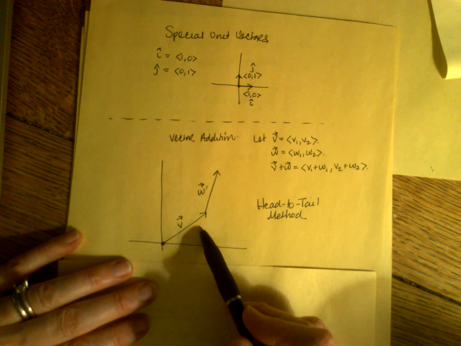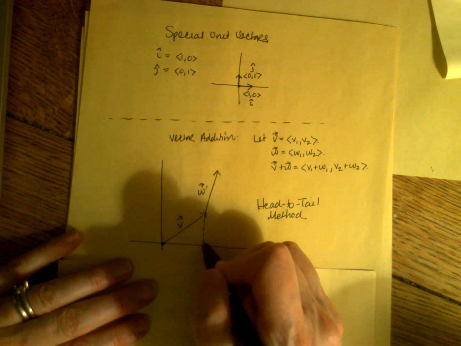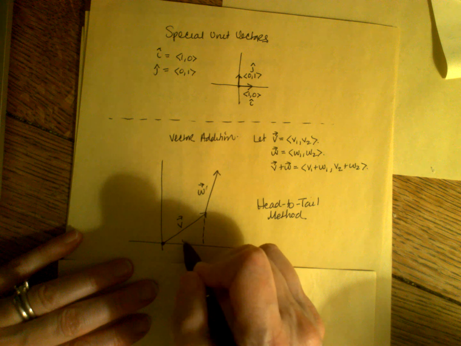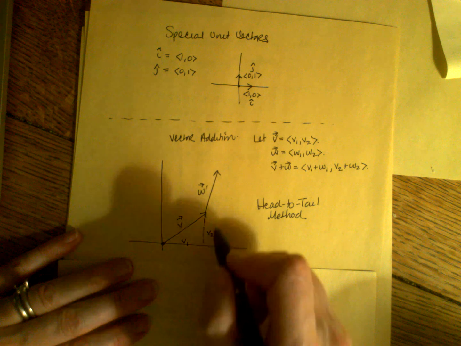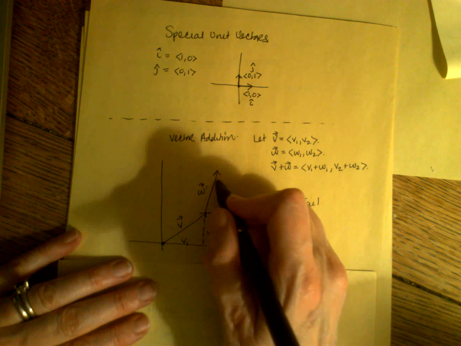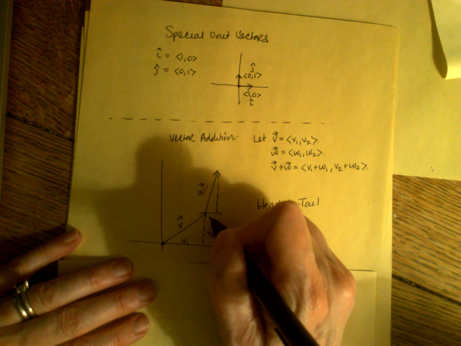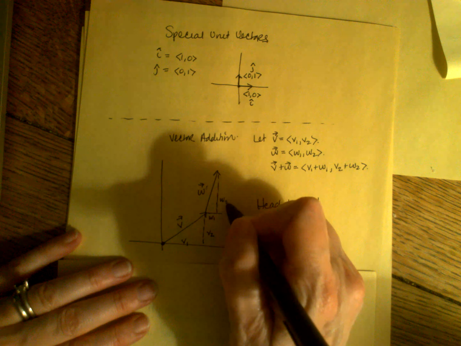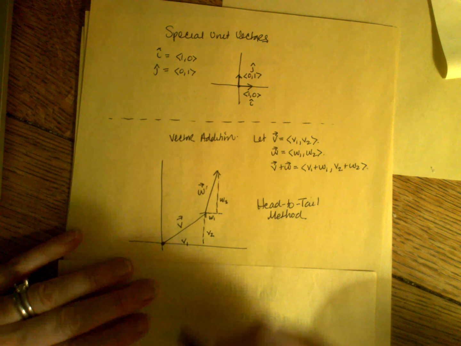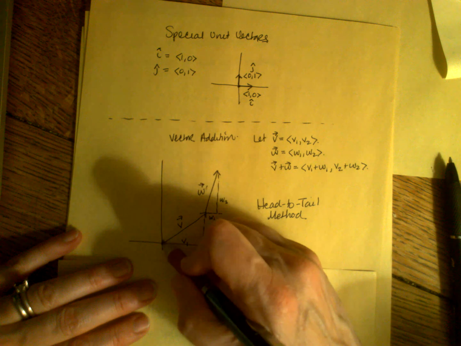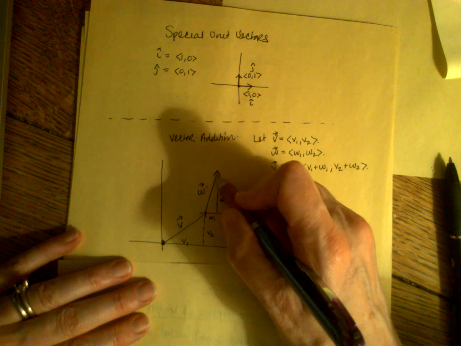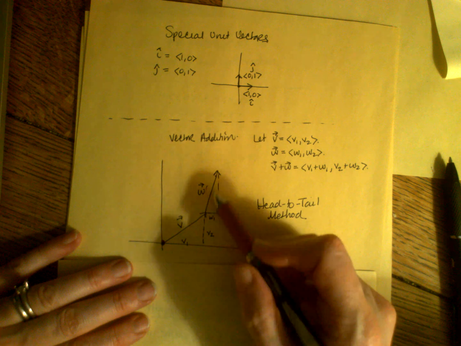If this is my vector v, then here is v1 and here is v2. And if this is my vector w, here is w1 and here is w2. My resultant is the vector that I get when I start at the tail of v and go to the head of w. So this is called the head to tail method.